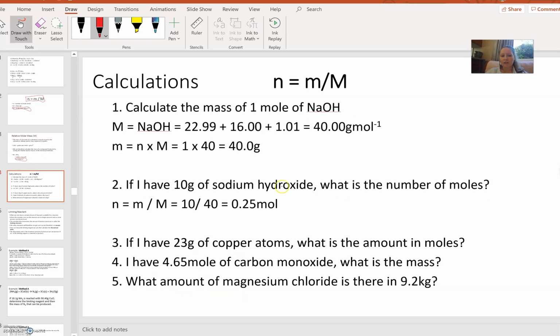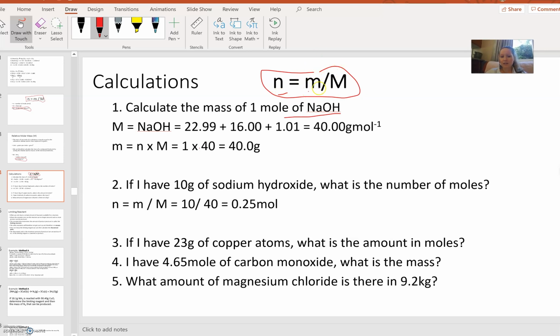So if you look here, to put it into a calculation to make that make more sense, if I said to you calculate 1 mole of sodium hydroxide, we're using this equation here. Okay, so I've asked for 1 mole, so N would be 1. I've asked you for the mass, so we're solving for that.